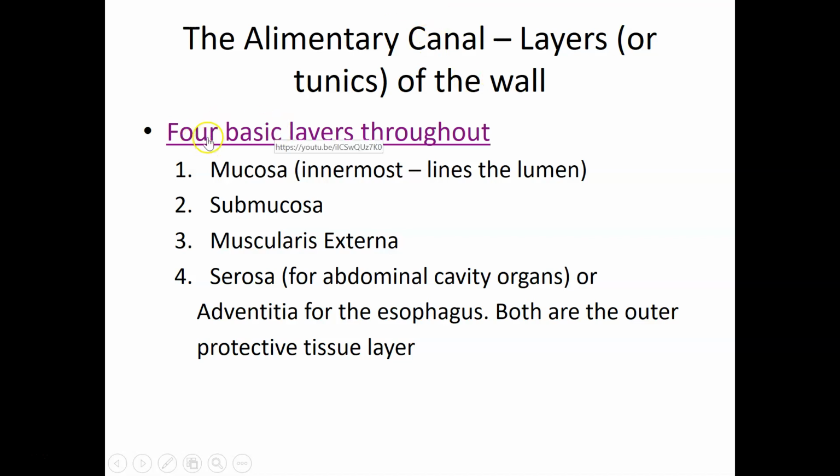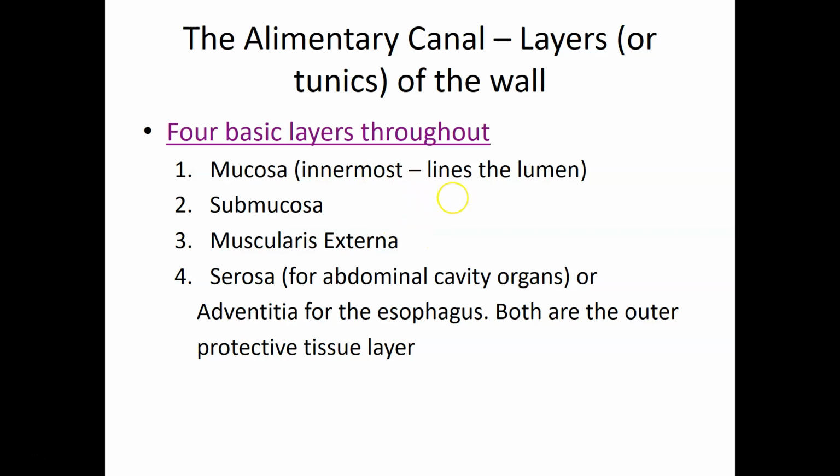All segments are going to have 4 basic layers that are defined on this slide with very similar tissue composition. The innermost layer is the mucosal layer, or mucosal membrane. That's lining the lumen, and that's in contact with material passing through the alimentary canal.